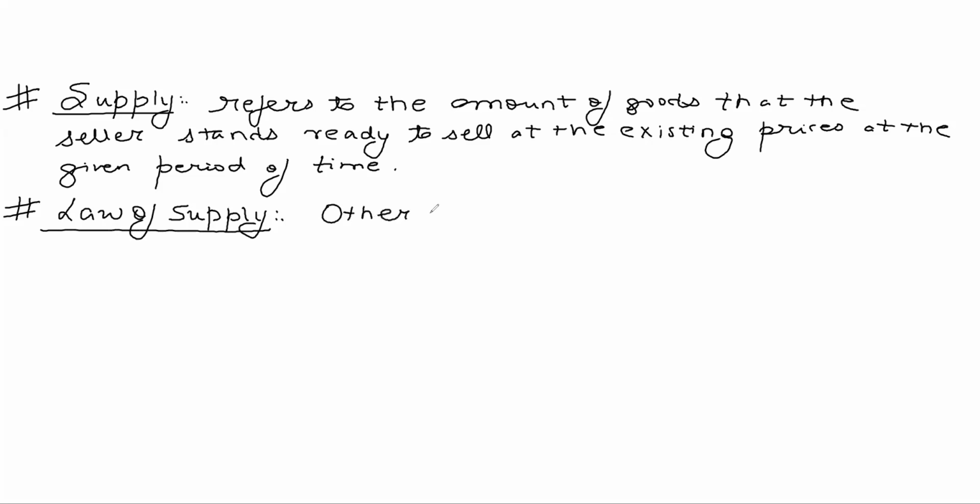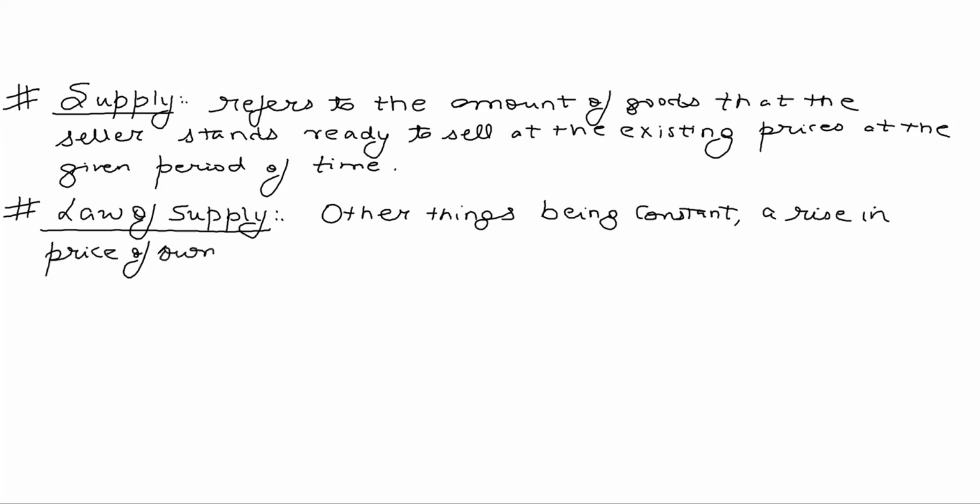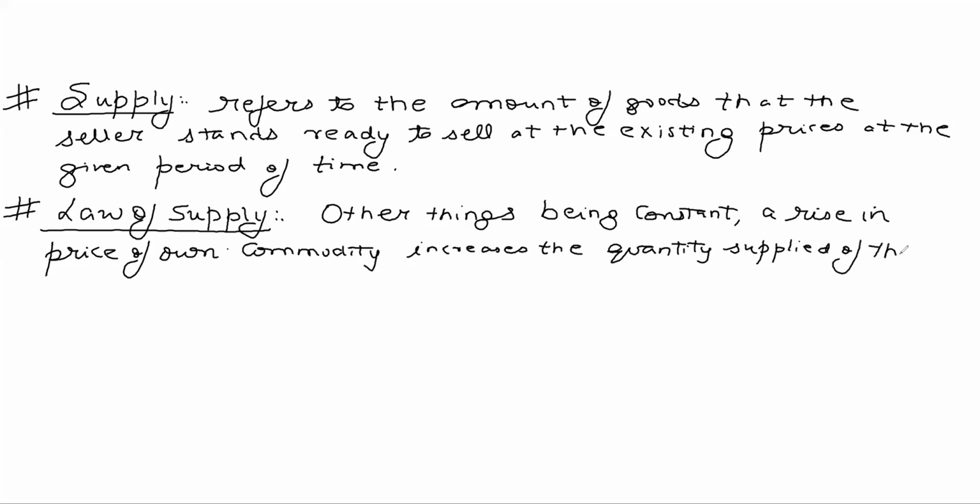Other things being constant, a rise in the price of own commodity increases the quantity supplied of that particular commodity.